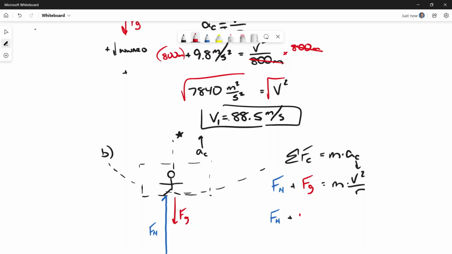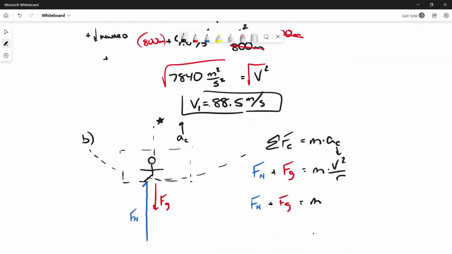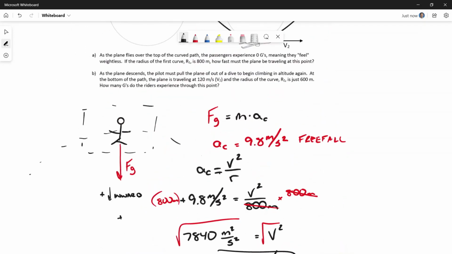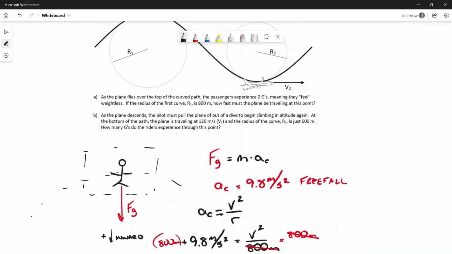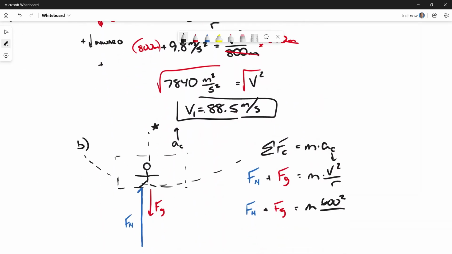Let's add Fg, and v squared over r. The radius r2 is given at 600. The velocity is 120, so we'll square the velocity, 120 squared over 600.